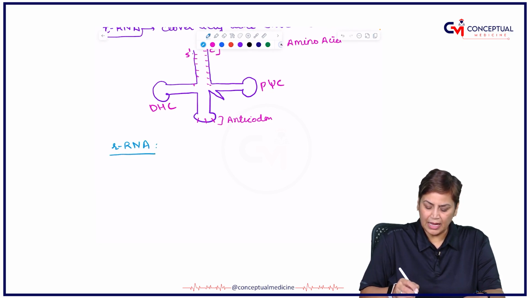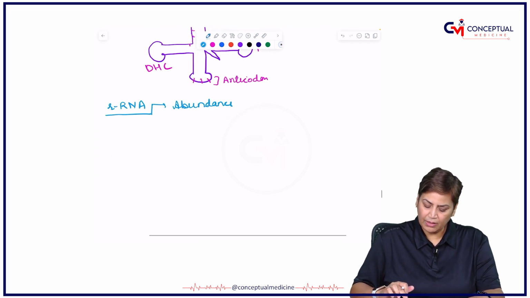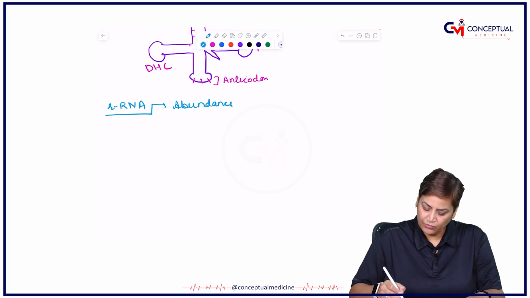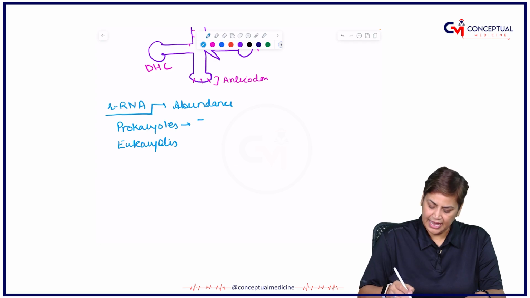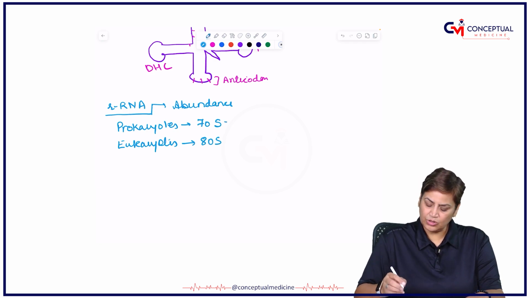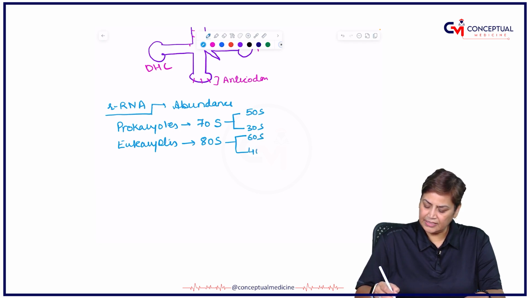Ribosomal RNA is the one present in abundance; the maximum concentration is of rRNA. If we talk about rRNA, we consider prokaryotes and eukaryotes. Prokaryotes have 70S and eukaryotes have 80S. 70S is further 50S and 30S, and 80S is 60S and 40S.